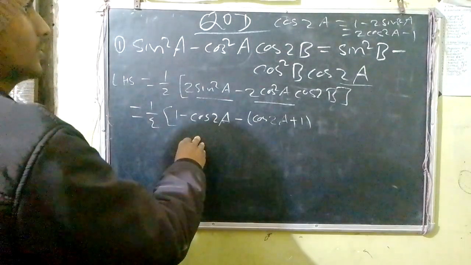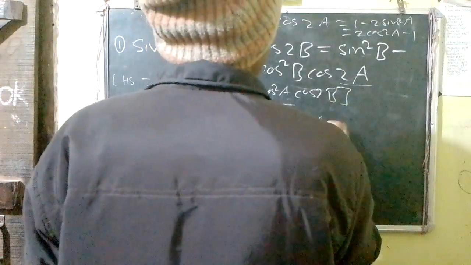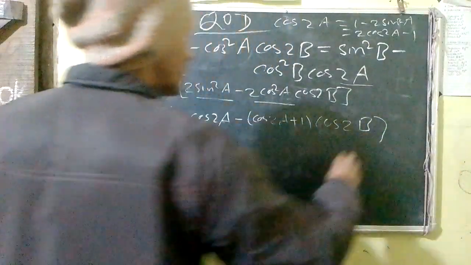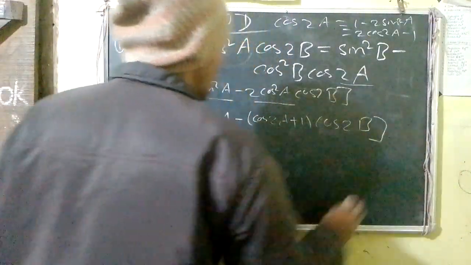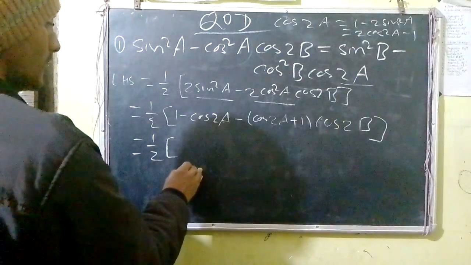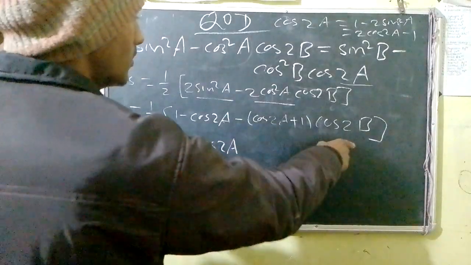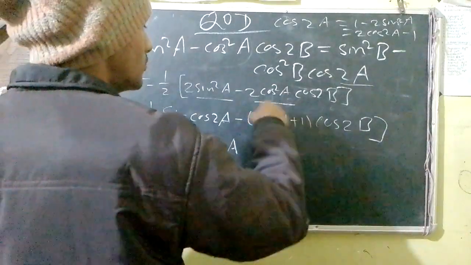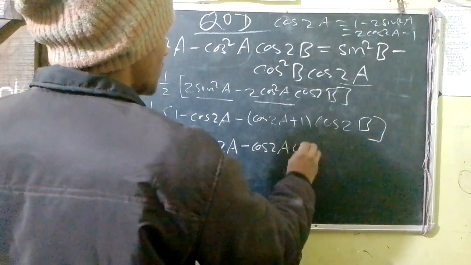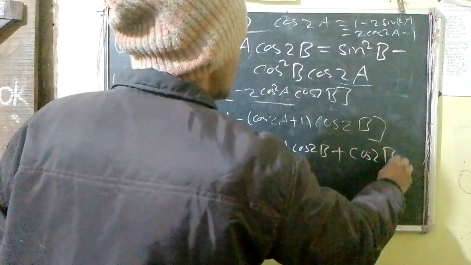So 2 cosine square A is cosine 2A plus 1, and 2 sine square A is 1 minus cosine 2A, times cosine 2B. Okay, so we have our expression ready. Now it's time to solve it. It will be half, then 1 minus cosine 2A, and let's distribute cosine 2B into both of them. So this will be minus cosine 2A times cosine 2B plus cosine 2B.